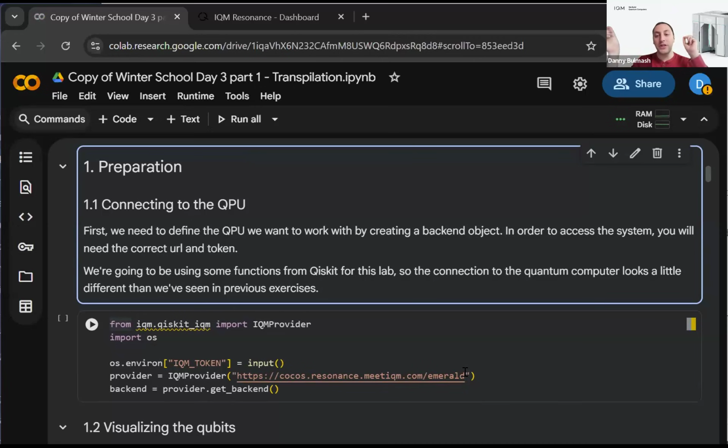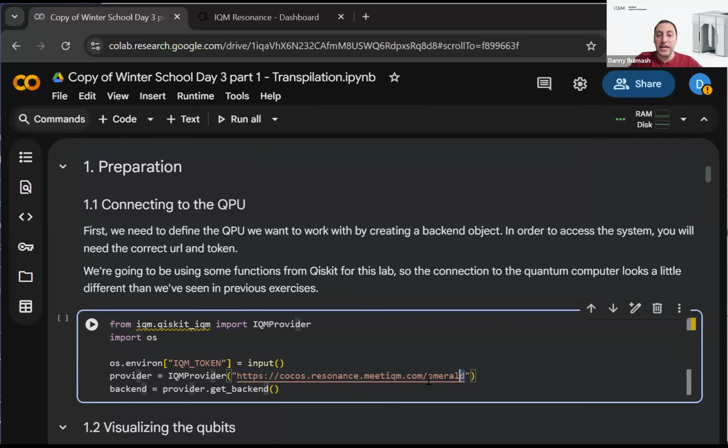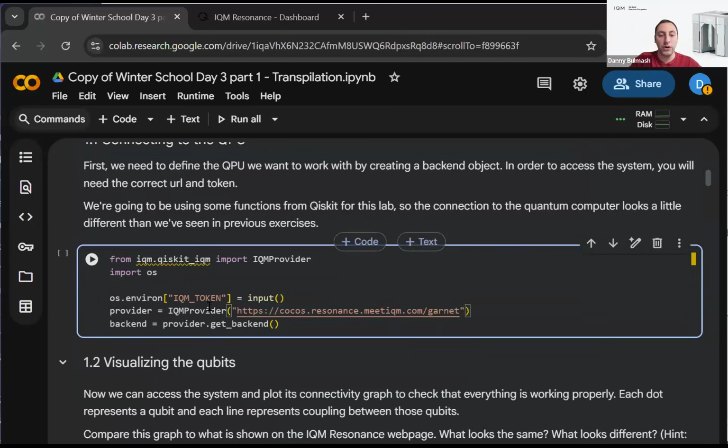On Sirius, all of the qubits can talk to all of the other qubits. So I recommend using either Emerald or Garnet for this lab. You can adjust which one you connect to by changing this line. If I wanted to connect to Garnet, I just put Garnet here, or you can leave it as Emerald. That is totally fine.